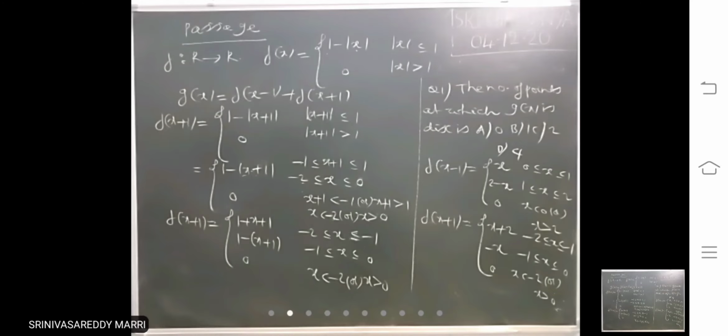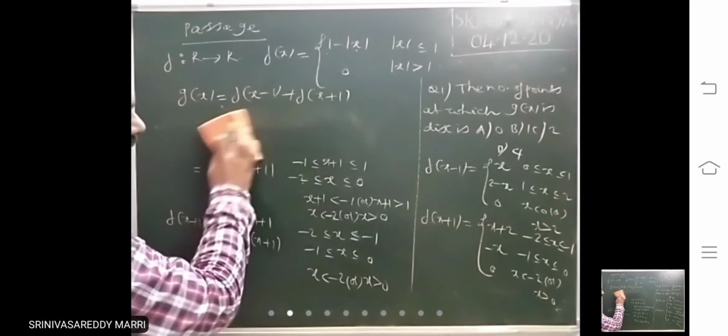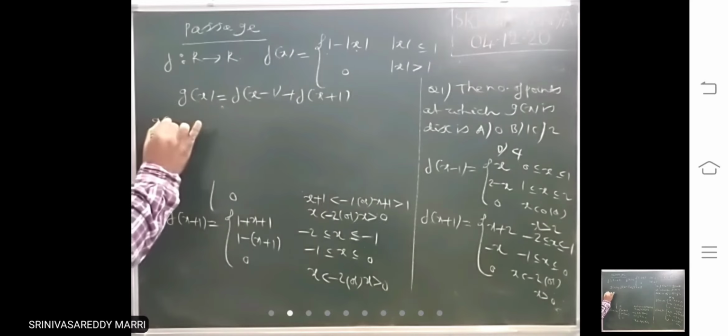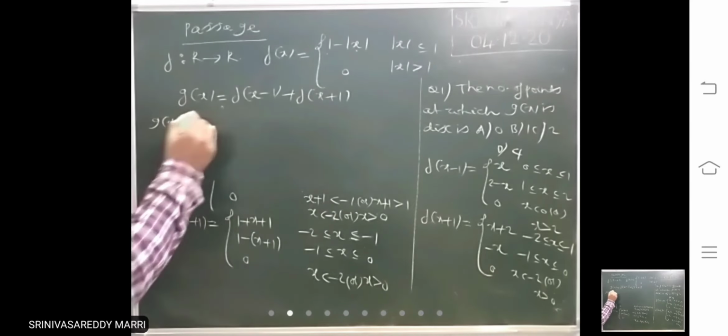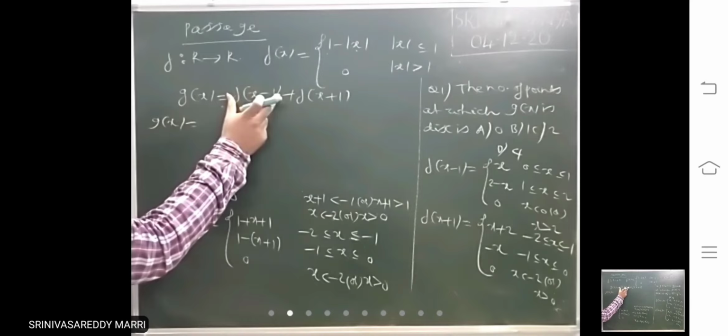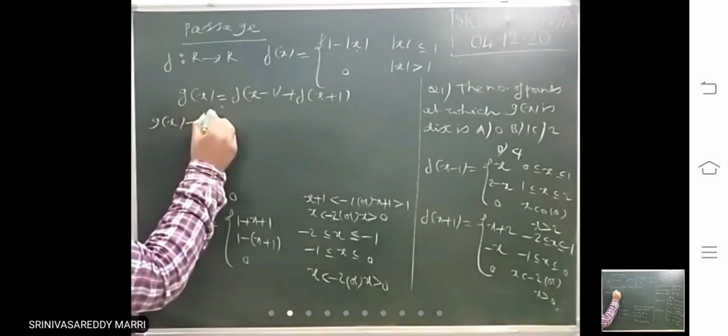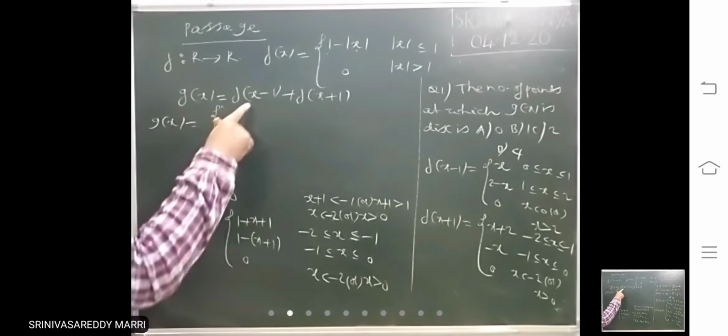So now I am going to write g of x. What I am writing is, first I write f of x minus 1, I don't change this, with the same only I will write f of x minus 1.